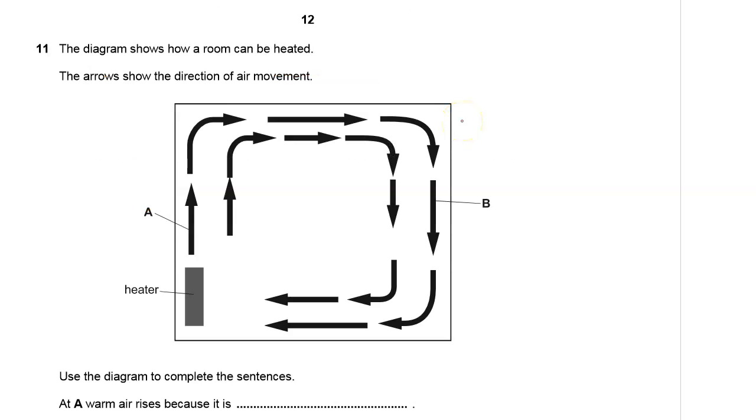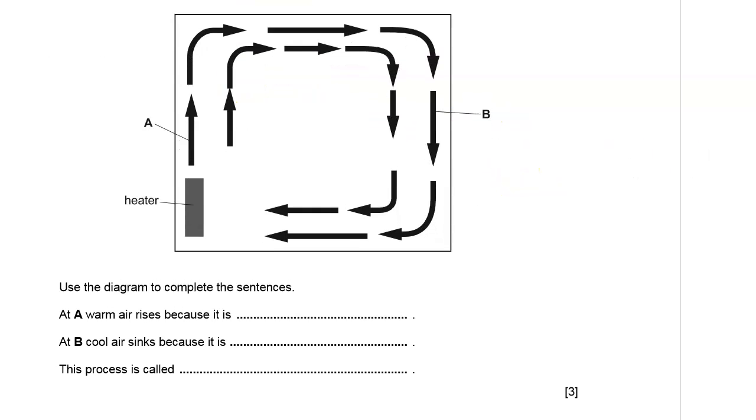Number 11. The diagram shows how a room can be heated. The arrows show the direction of air movement. You can see the air is circulating from the heater, going up, then descending and coming back again. Use the diagram to complete the sentences.